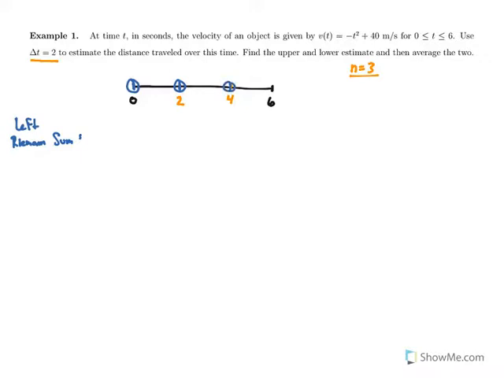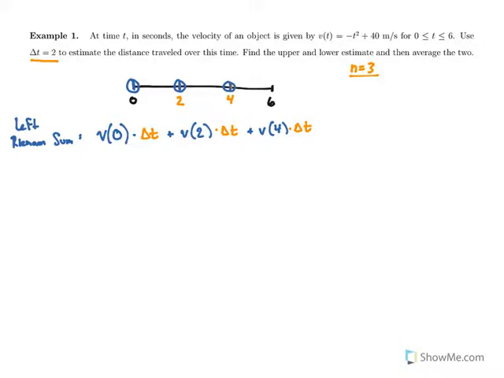That is, we're going to look at v of 0 times delta t plus v of 2 times delta t plus v of 4 times delta t. We're using the left endpoint on each of these subintervals.